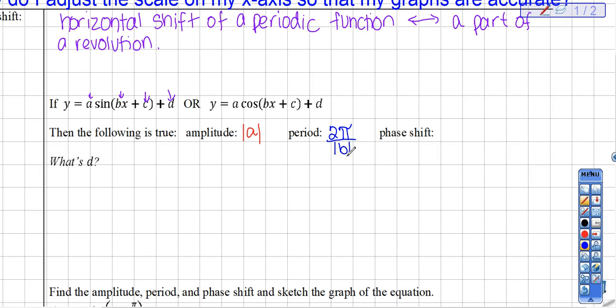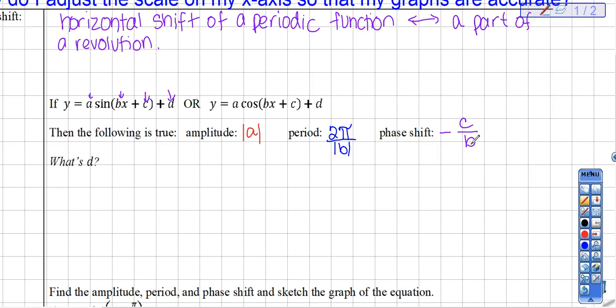It's a horizontal distance of 1 full cycle of your wavelength. And then C and B create your phase shift. How do you push the graph left or right? So your phase shift is the opposite of C over B.